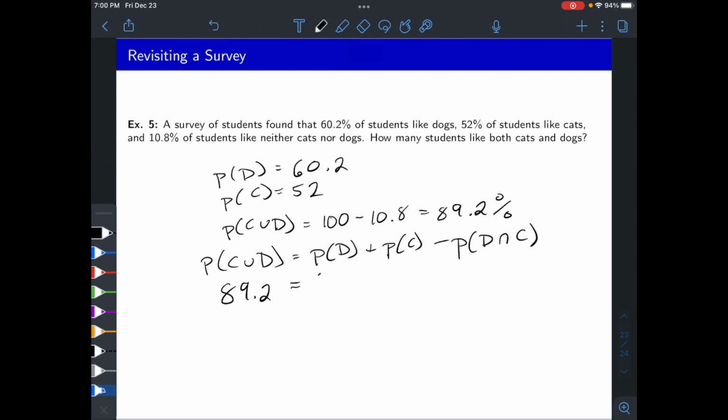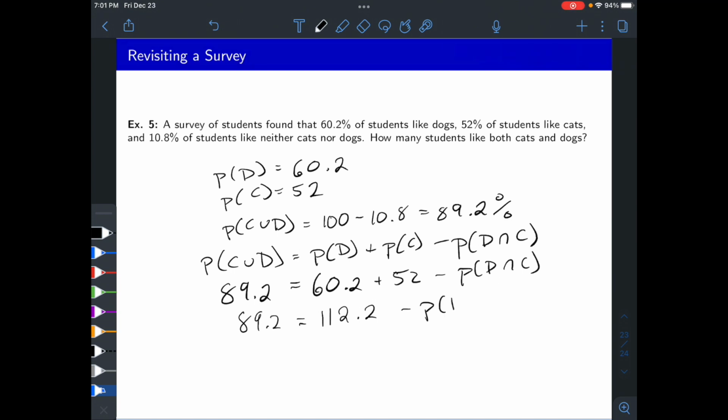This we know is equal to 60.2. And the percentage that like cats is 52. So now we just solve for this. 60.2 plus 52 is 112.2.